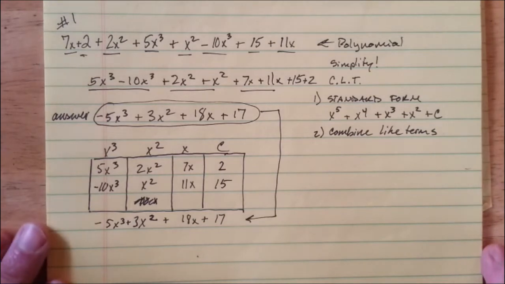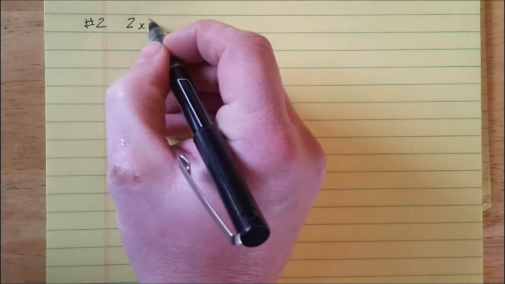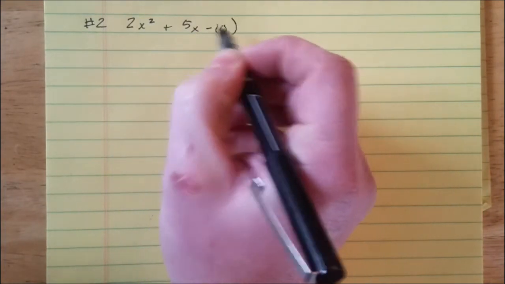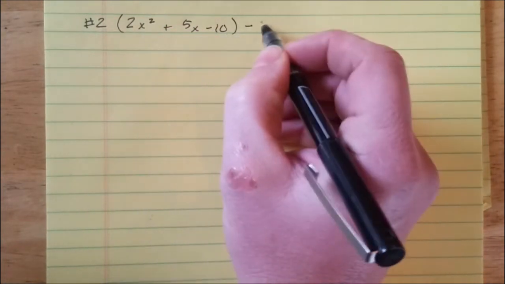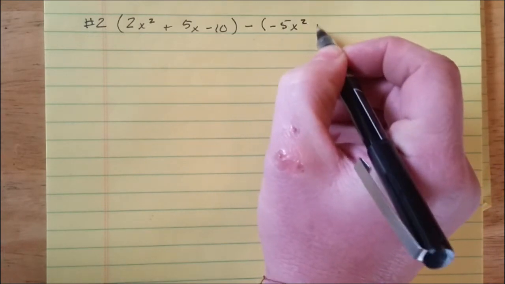All right, let's look at another example. All right, example number 2. So in this example, instead of just a long string polynomial, we have a trinomial, 1, 2, 3 terms, minus another trinomial.